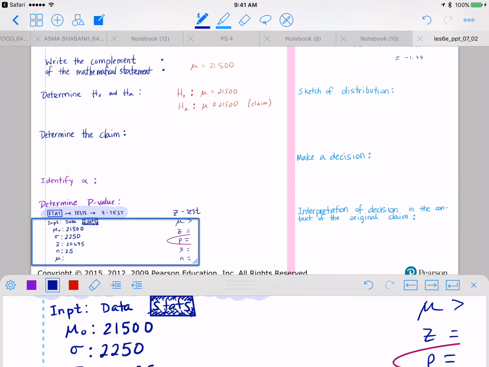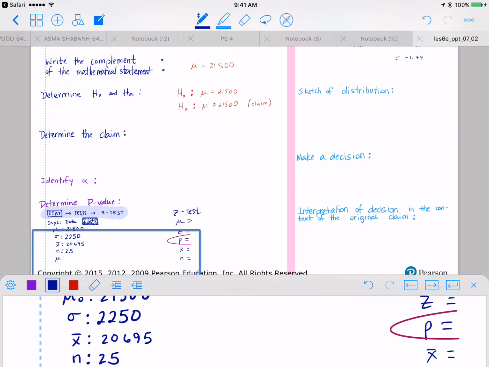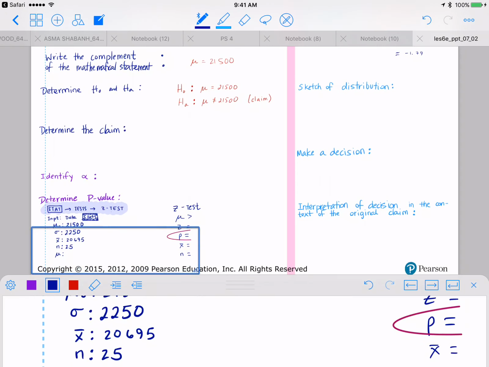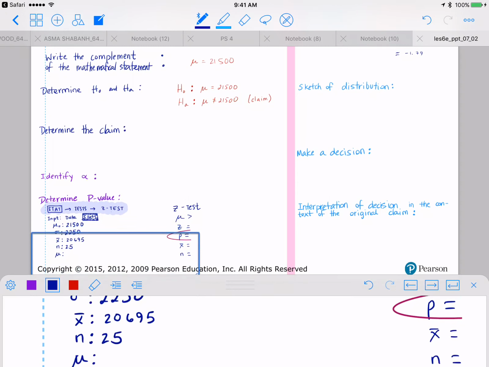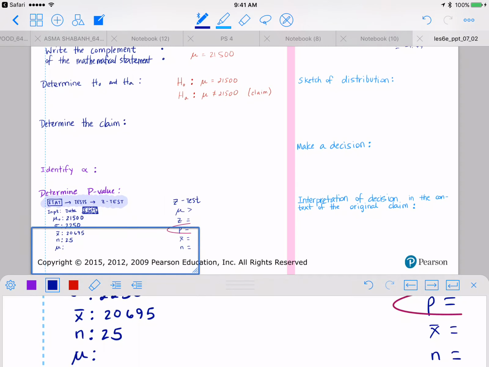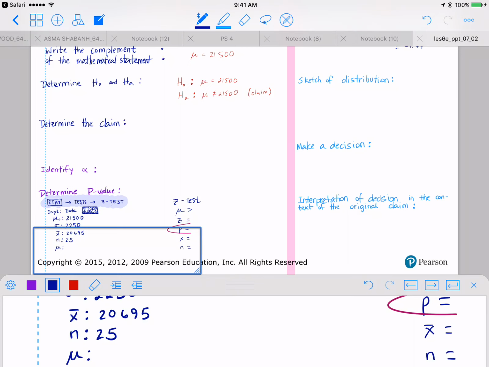For mu naught, we have 21,500. For sigma, we have 2250. For x bar, we have 20,695. For n, we have 25. And then there's this last little row, which has mu not equal to mu naught, greater than mu naught, less than mu naught. Here is your chance to tell the calculator what type of hypothesis test you're performing.